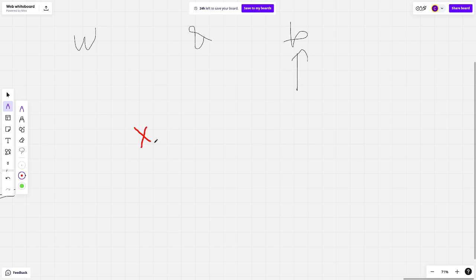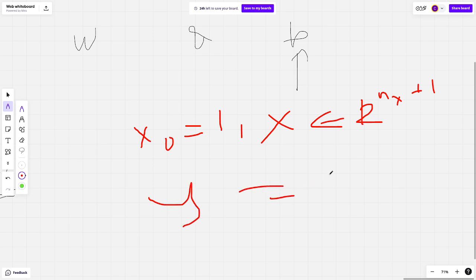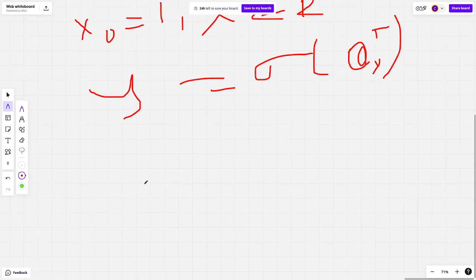In some courses they use an extra feature x0, which will be equal to 1, and x is going to be in nx plus 1 dimensions, and y hat is going to be sigmoid of theta transpose x. That's what a lot of courses teach, but that's not what we are going to use in our course.